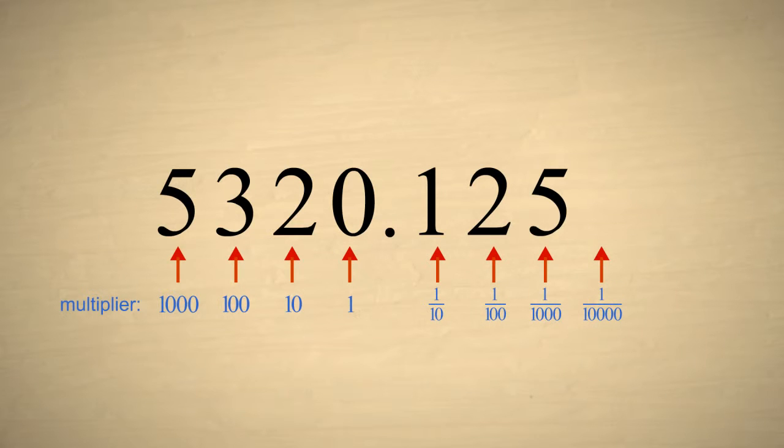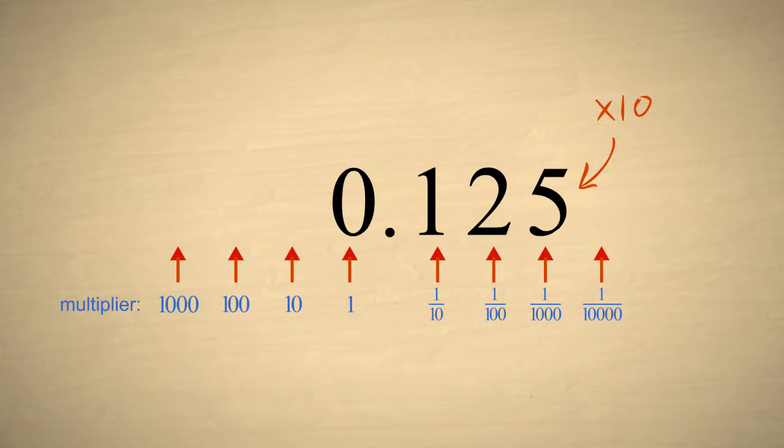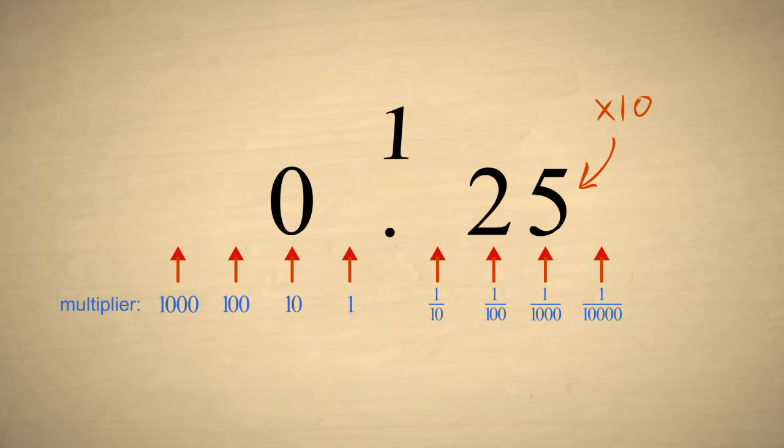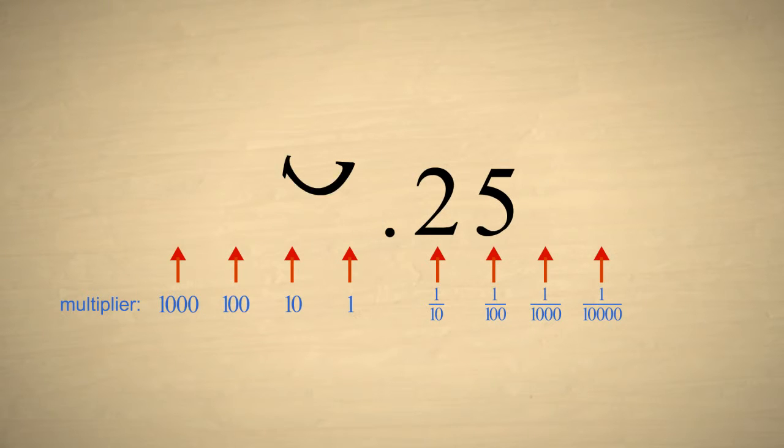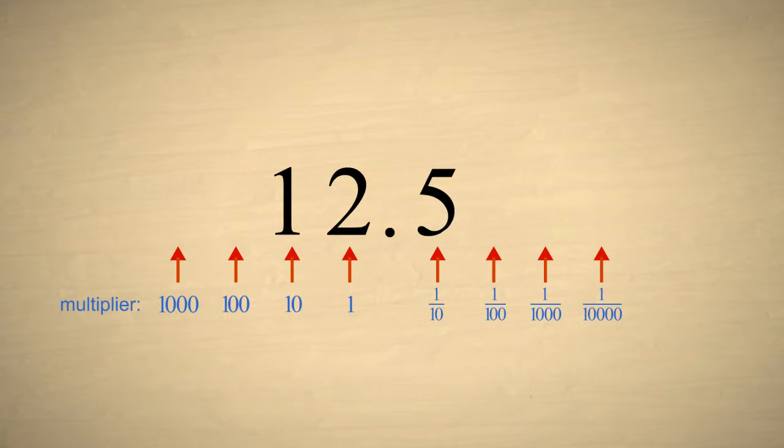For example, the decimal equivalent to the fraction 1/8 is 0.125. If we multiply this number by 10, each digit is shifted one column to the left. If we multiply by 10 again, each digit is shifted one more column to the left.